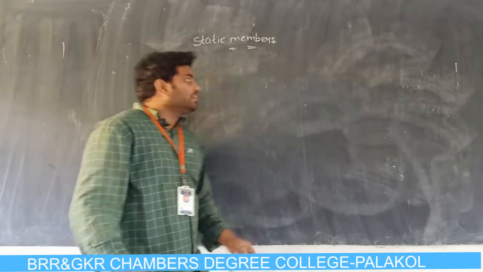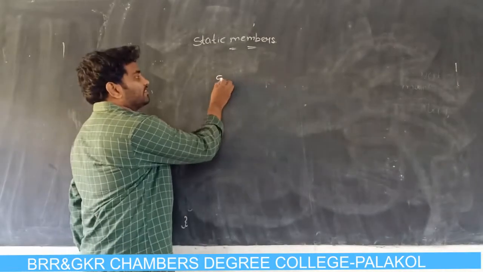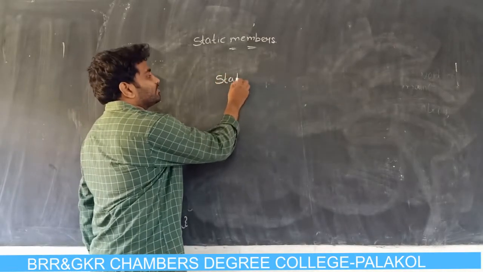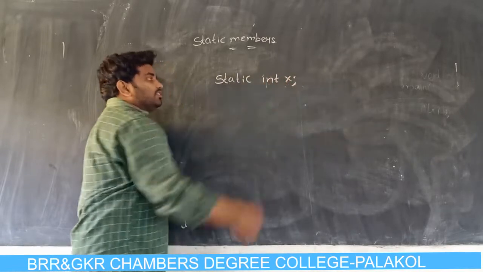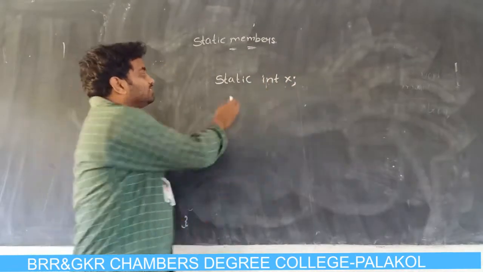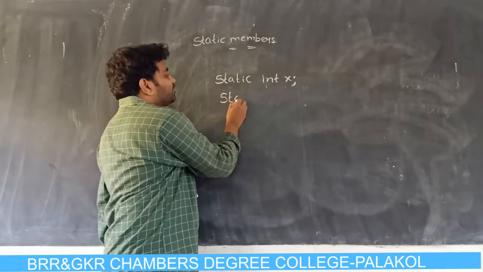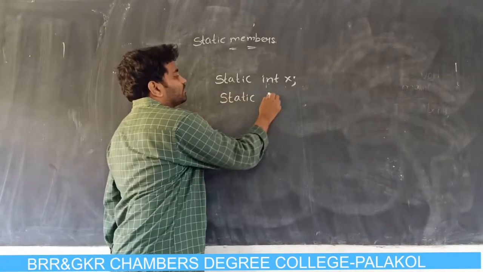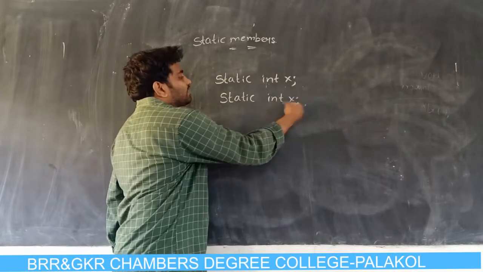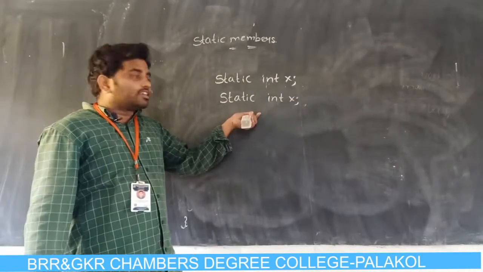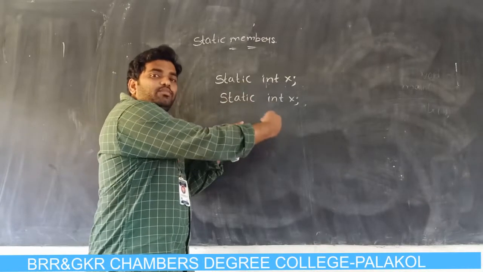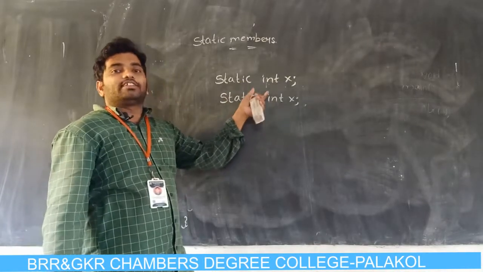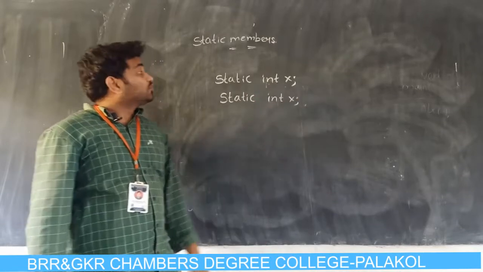Okay, now you create a static declaration. Static, the variable declaration int x. The static declaration; second, a static method declaration. For the variable and method declaration you use static.